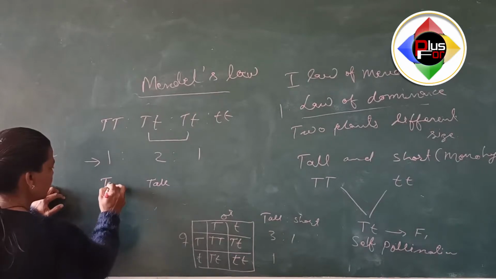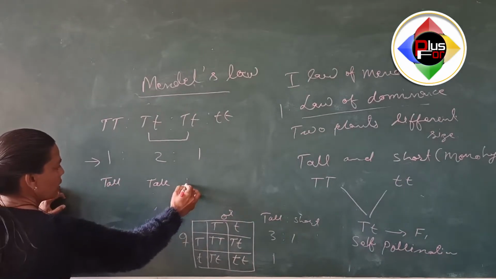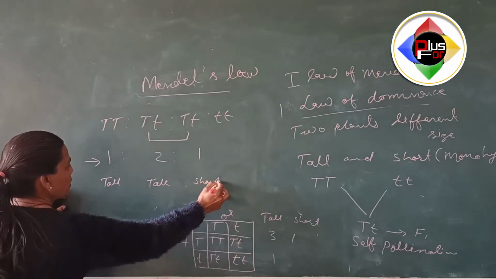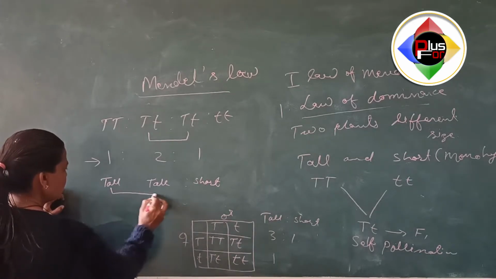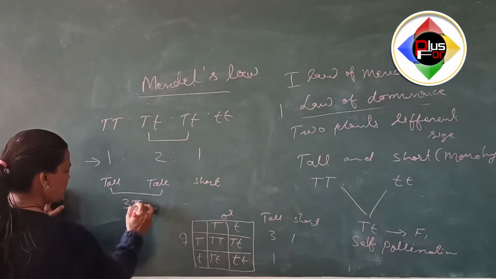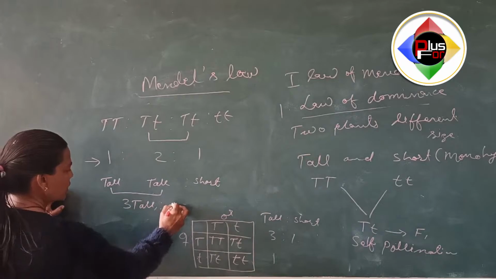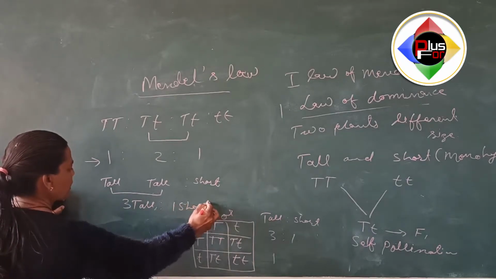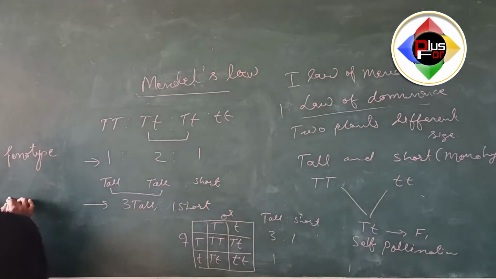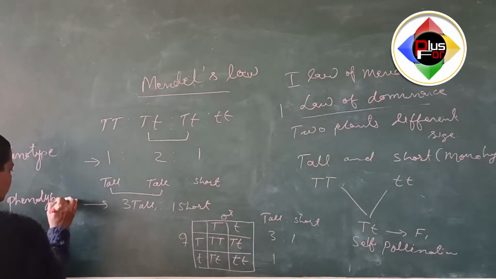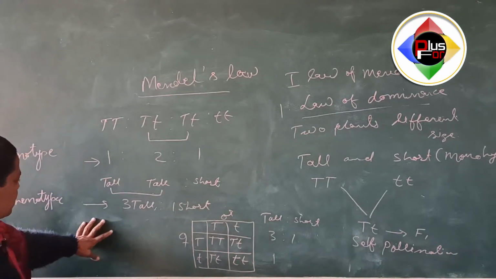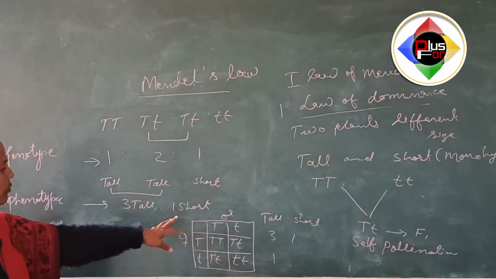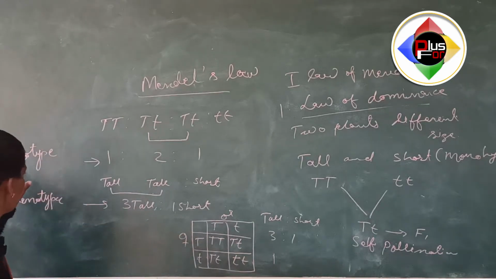Here also the plant is tall, and this is short. So three plants are tall and one is short. This is called phenotype, the appearance of the plant.